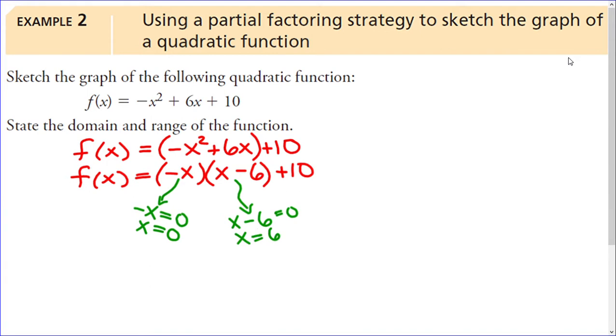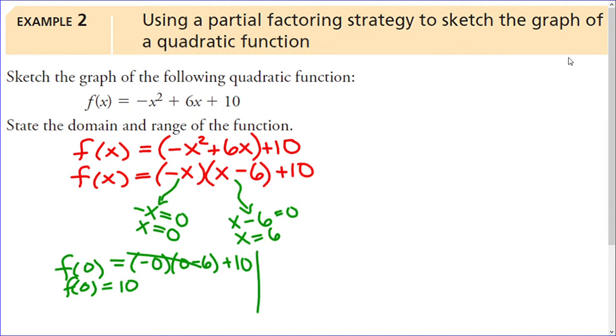But now what happens when we plug these values into our function? So when I plug f of 0 in, I'm going to have negative 0, and then 0 minus 6 plus 10. You can see that this is only going to give me 10 as an answer, because this whole term is going to cancel out, 0 times anything.